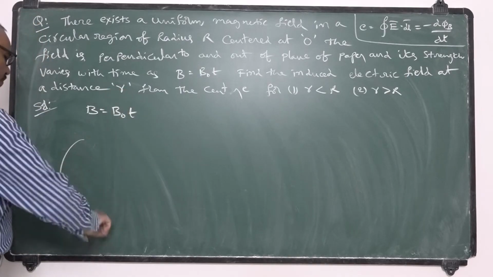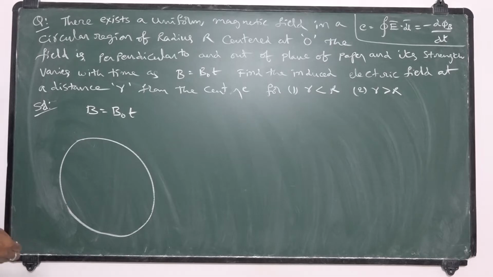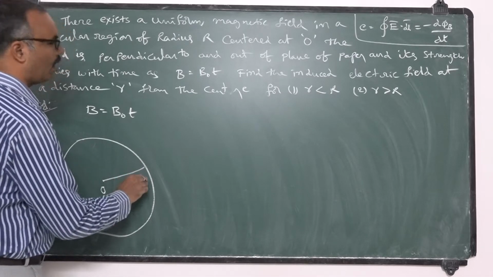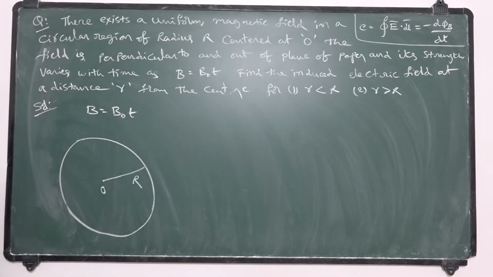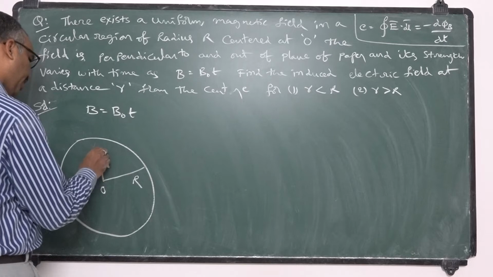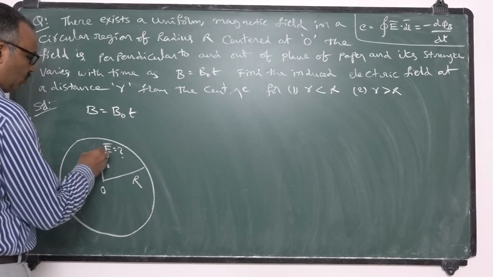It is distributed over a circular region centered at O, having radius capital R. Find the induced electric field at a distance small r from the center. So let me take a point here. I need to find the induced electric field here at this location.